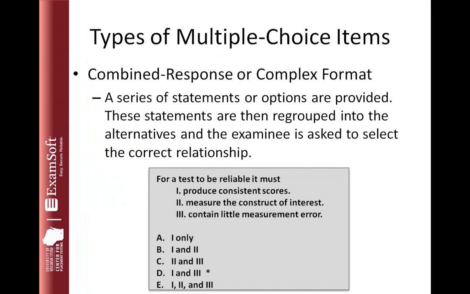However, this item is generally pretty difficult to construct, and it may be more susceptible to test-taking skills. For example, on this item, if I know that number 2 is not correct, I can automatically rule out options B, C, and E. And now I only have options A and D to choose from.